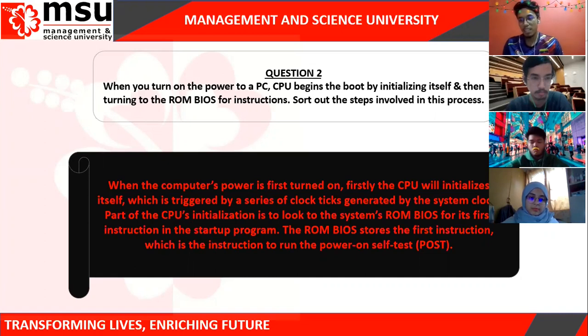POST begins by checking the ROM BIOS chip and then tests CMOS RAM. If the POST does not detect a battery failure, it then continues to initialize the CPU, checking the inventory of hardware devices and secondary storage devices such as hard drives and floppy drives.